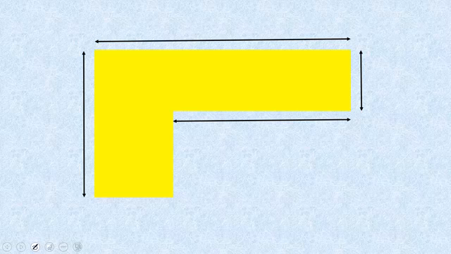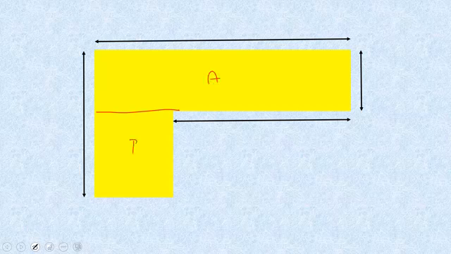Okay, so when we're talking about compound shapes, we're normally talking about shapes like this. So we've got something that is a shape that's made up of two or more rectangles, and we can split the shape up into two or more rectangles, and then find the area of this bit, the area of this bit, and then just add them together, and that would give us the area.